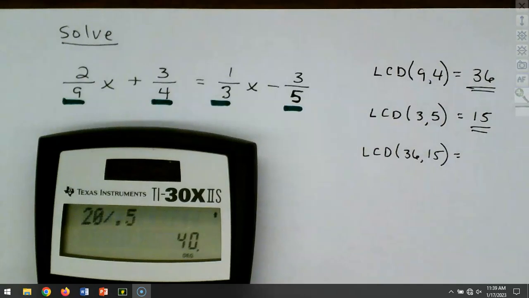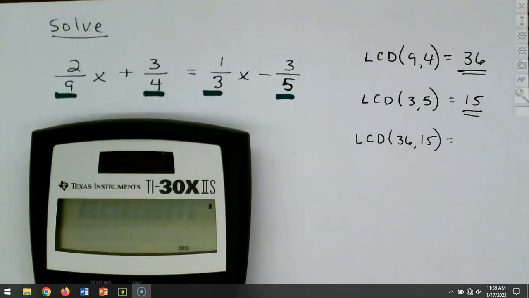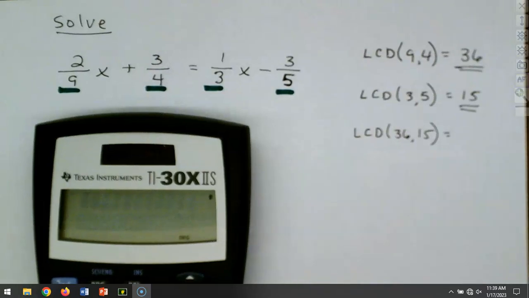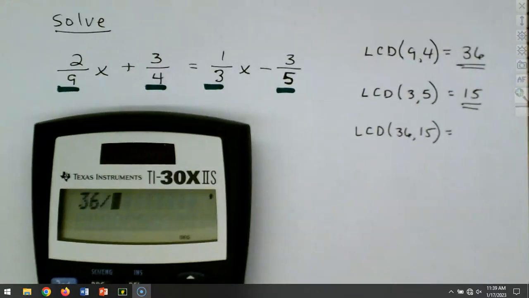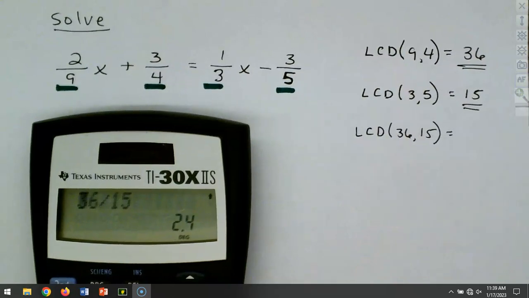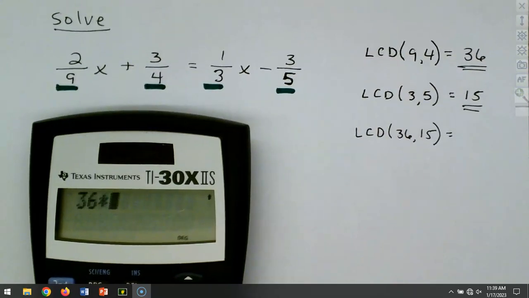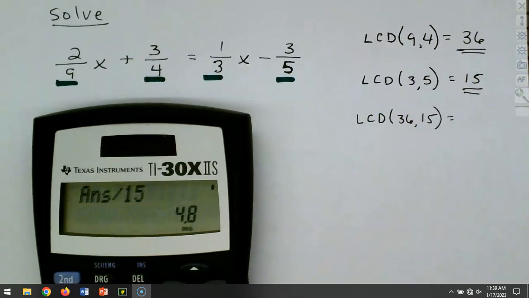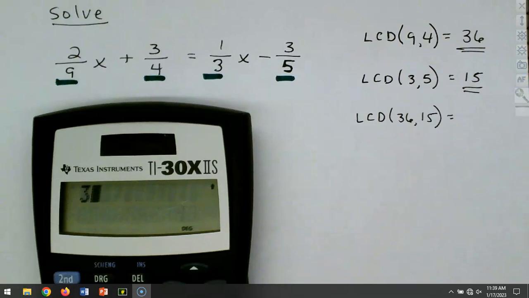You start with your largest number. So in this case, what's the largest number? Okay, it's 36. So we see if they divide evenly first. So 36 divided by 15. Does that work? No, didn't go in evenly. So then we double it. 36 times 2. That's 72. Does that go into 15? Nope. 36 times 3.